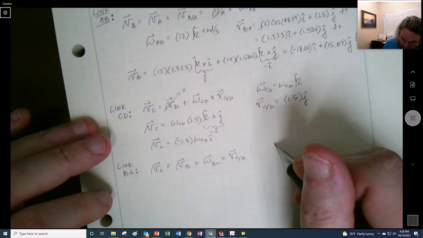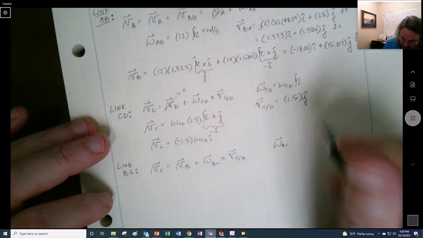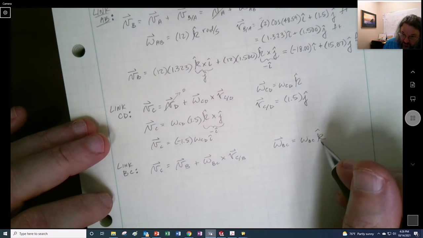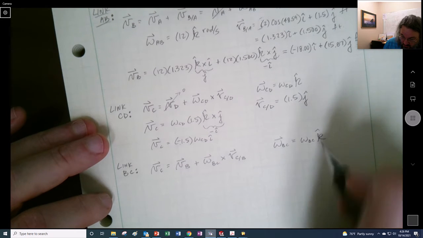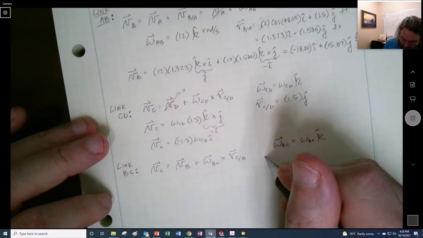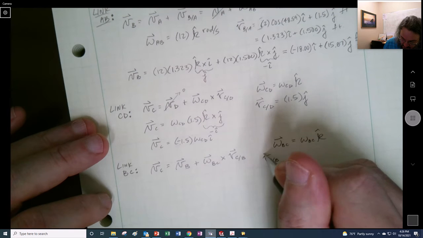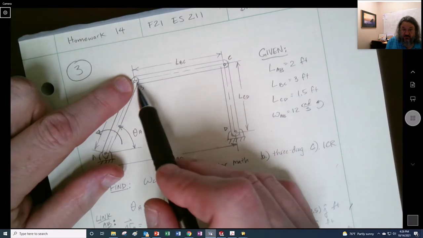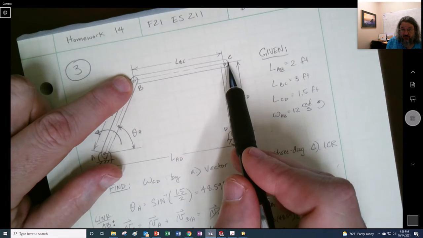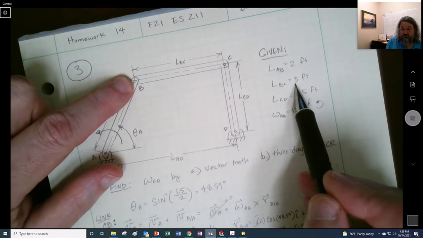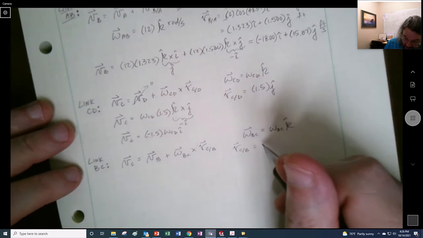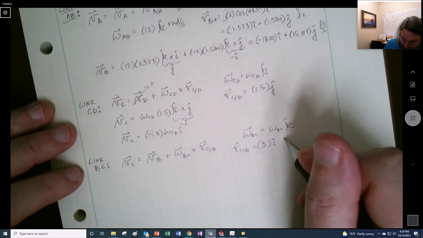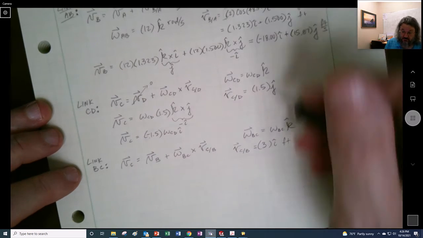All right, so we don't know omega BC yet, but we do know that it's going to be some value times K. And we can find RC with respect to B pretty easily, right? That's just C with respect to B, just looking over in that direction. So it's just going to be a positive 3 feet I. So just 3 I, and these are feet. I should write these feet.